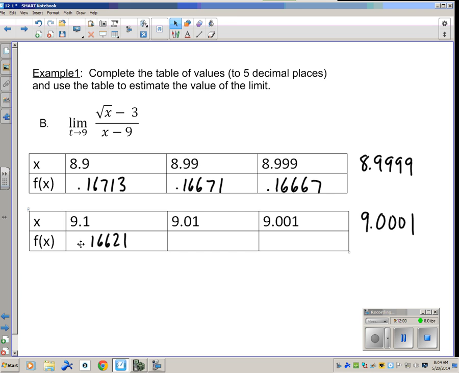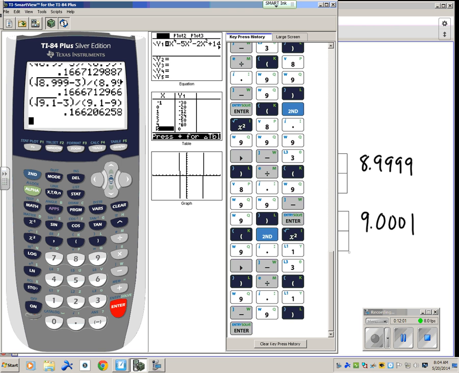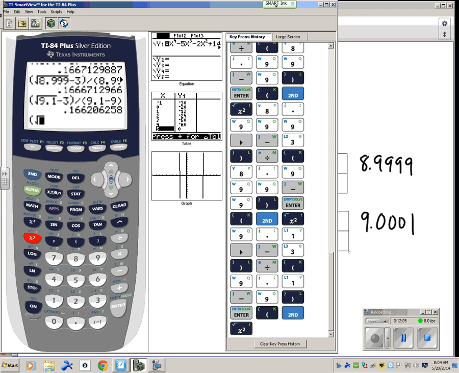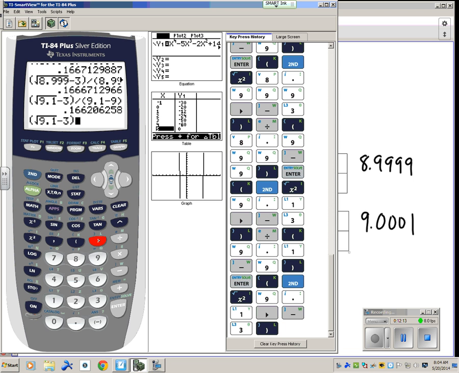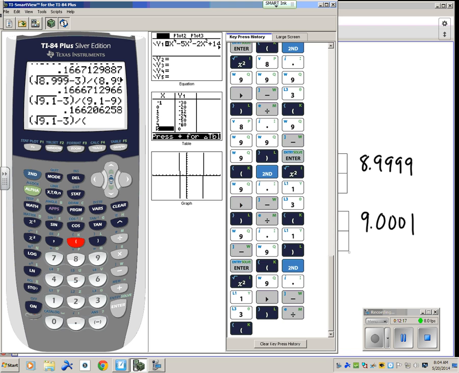Right, and then we've got 9.01: parenthesis, square root, 9.01, minus 3, divided by parenthesis. Did not go to 9.01, did I? Let's go back here. I'm going to do insert, if I can find it.